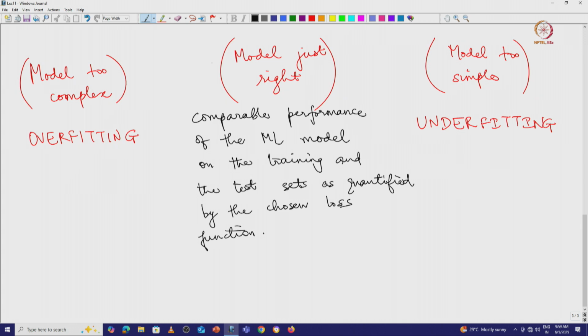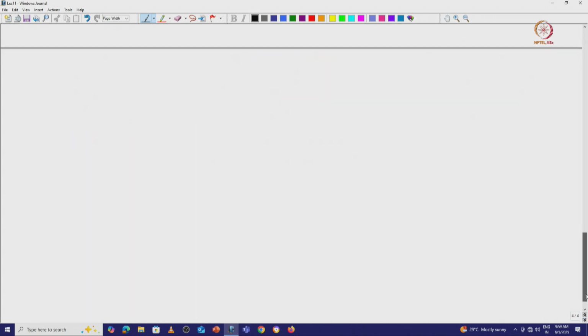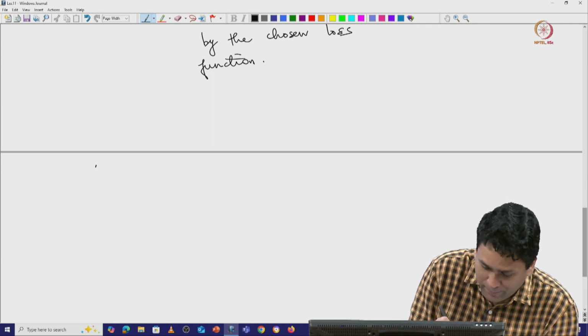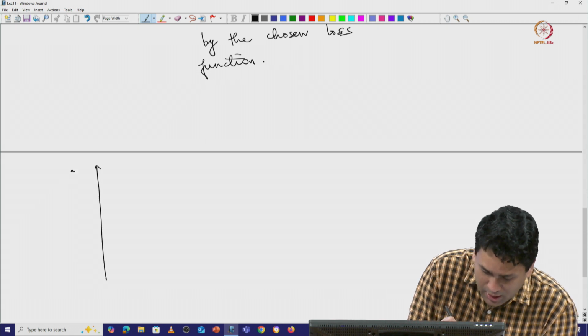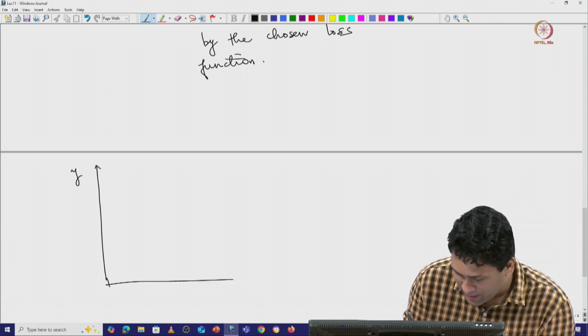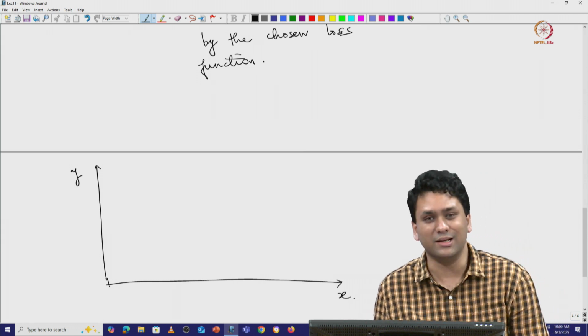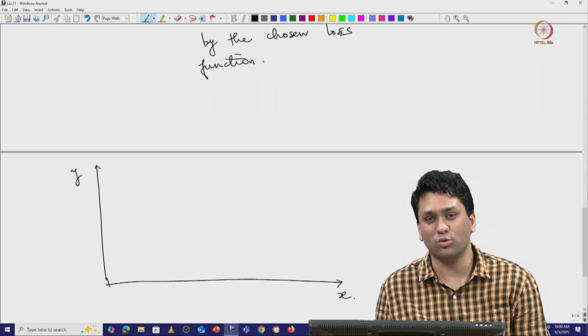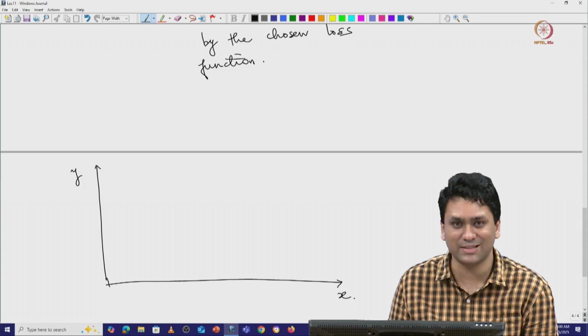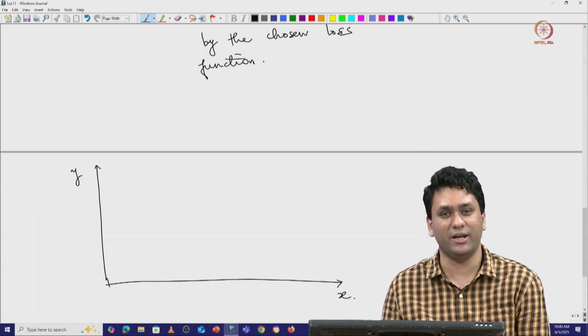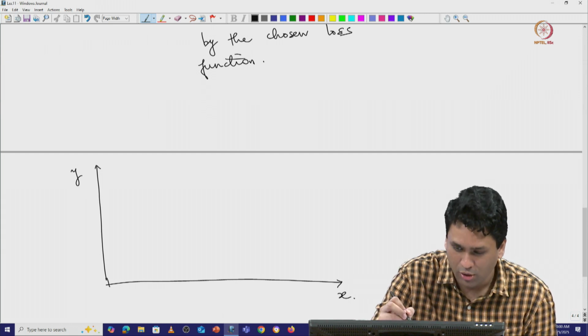Alright, so let us open a new page, and here I am going to draw a variation between a dependent variable y and just one independent variable x. This is a very simple and contrived example in which there is only one independent variable x, and we are trying to see if we can capture the variation in the dependent variable y as a function of x.